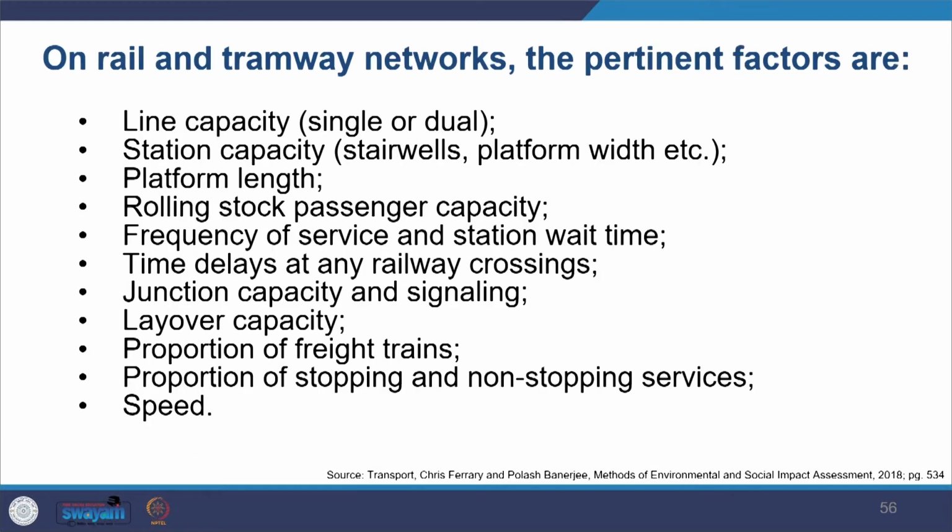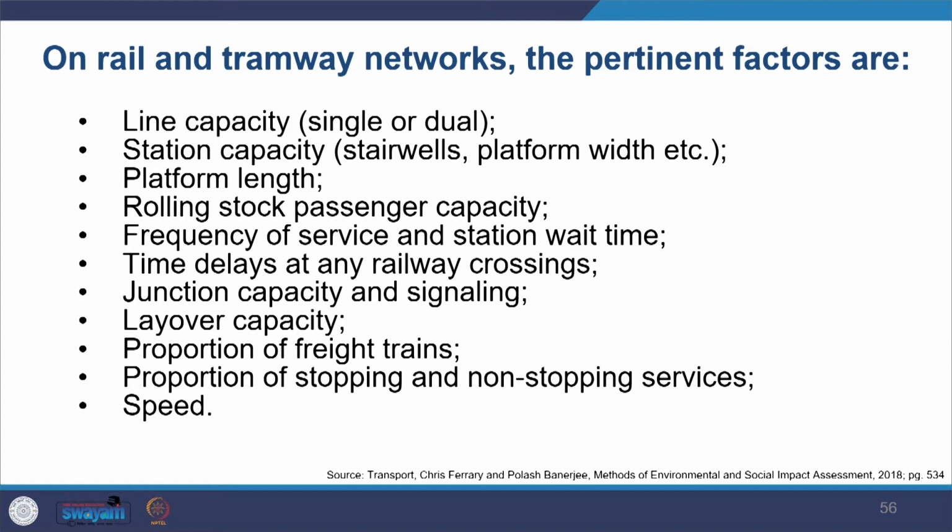When you're doing the same for rail and tramway, you need to provide these aspects. You need to provide the line capacity: is it single or dual? Then you have to tell about station capacity, and you might have to tell about the platform length.